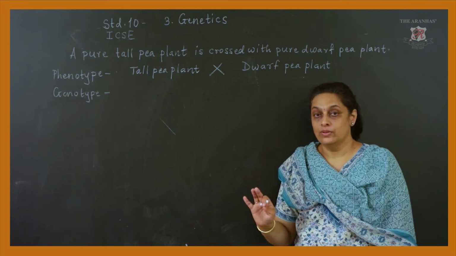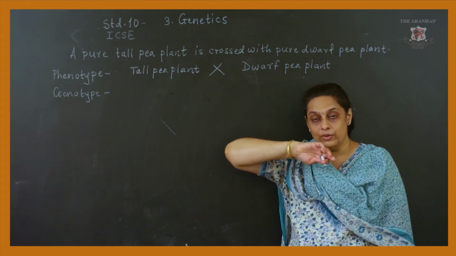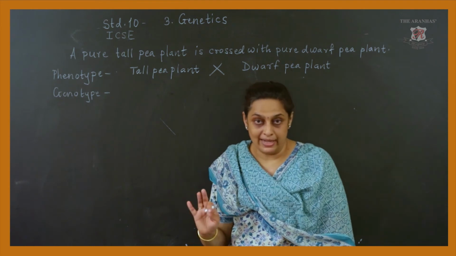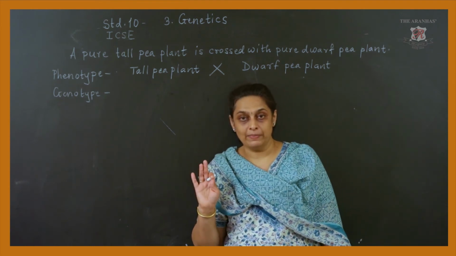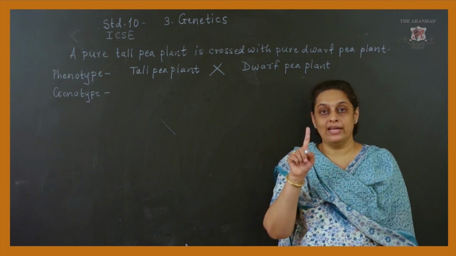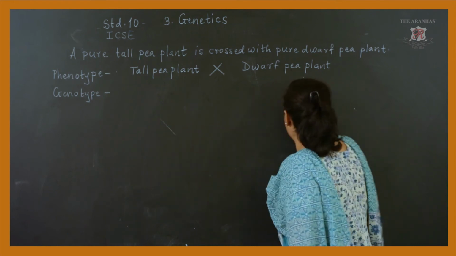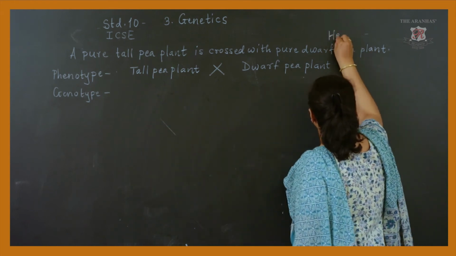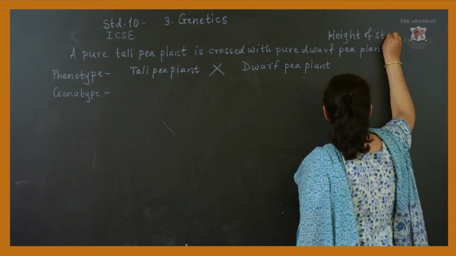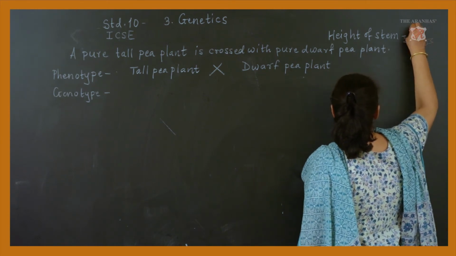Now how to write genes? Here a very simple method was used by Mendel while writing the genotype. He assigned one alphabet for every character. So here for the height character, height of stem, Mendel used the alphabet T.